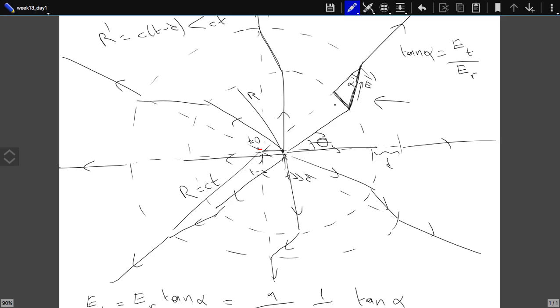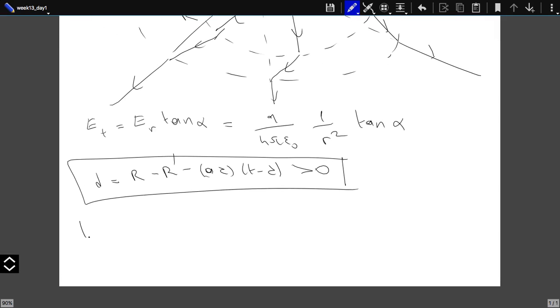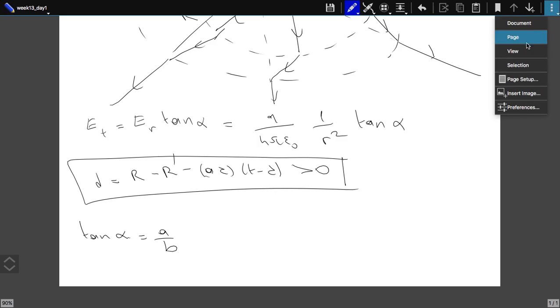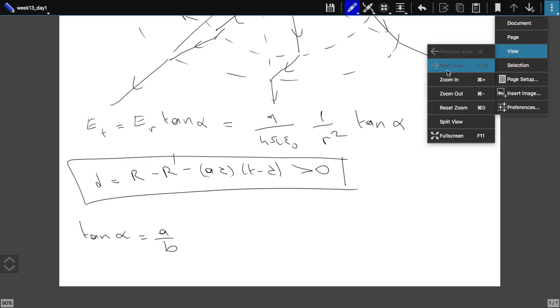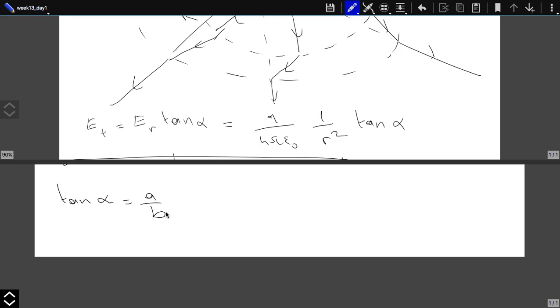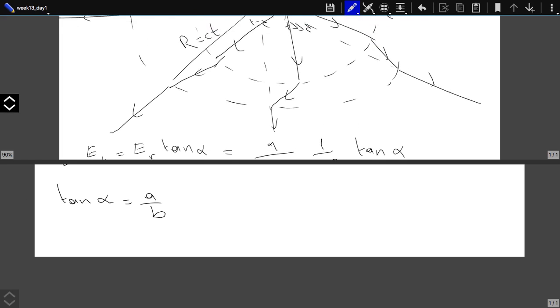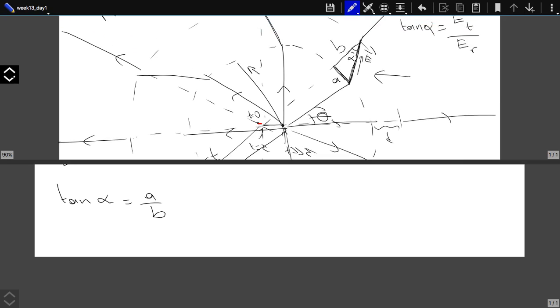On the other hand, let's call this distance A, this distance B. Tangent alpha is just A over B. Now we can calculate this A and B just from geometry.